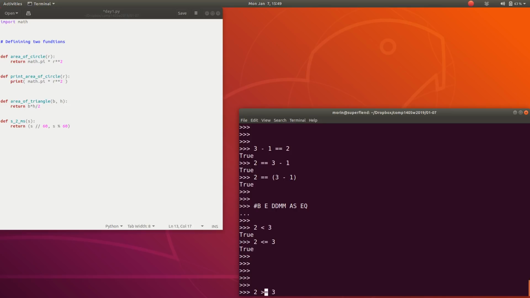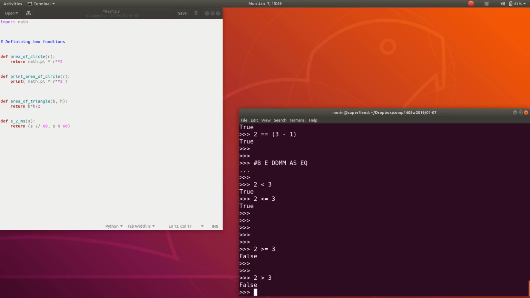Reverse these. Is 2 bigger than or equal to 3? That's false. Is 2 bigger than 3? That's also false. Okay. So there's those comparison operators that let you tell whether one thing is bigger than or equal to another. We've also seen the equality operator that tells you whether two things are exactly equal.